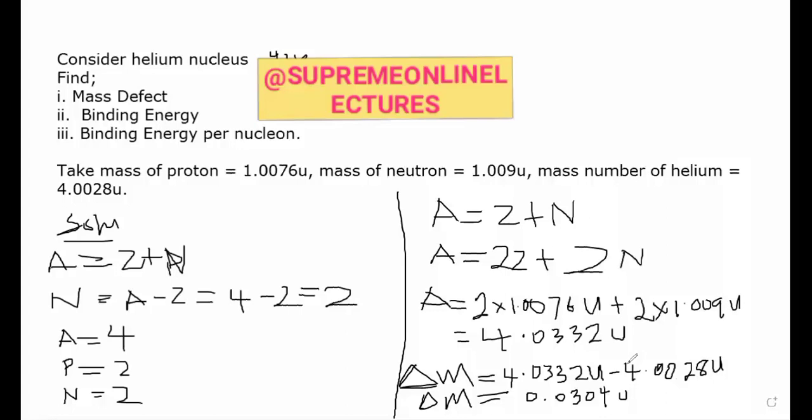All right. So this is our mass defect. Now, the next question said we should find the binding energy.